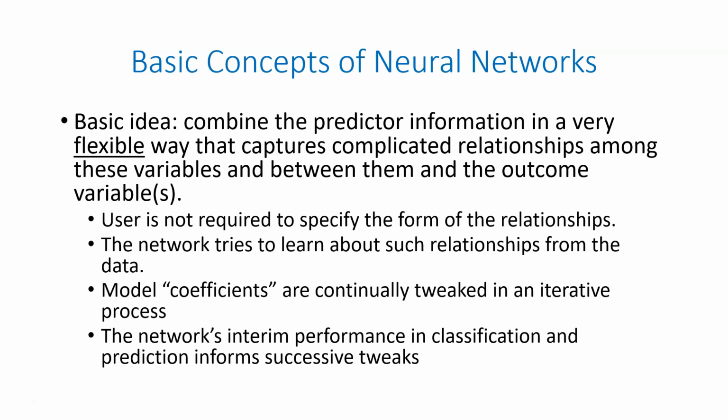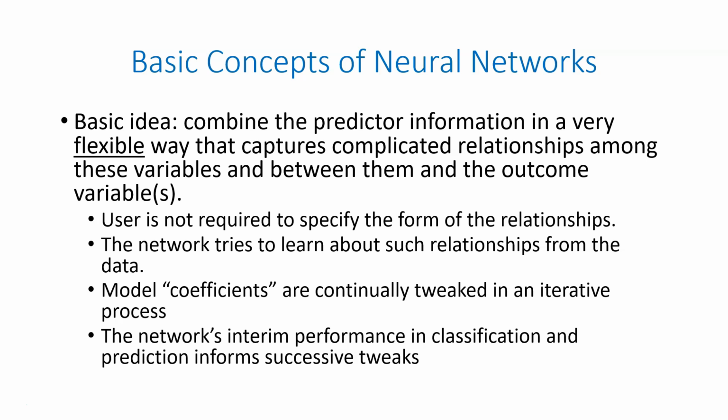Instead, the technique will apply various mathematical models that best fit the data. This is unlike regression techniques, where the user must specify whether the form of the relationship is linear or quadratic. This provides a very flexible way to model complex relationships between the predictors and the target variables.